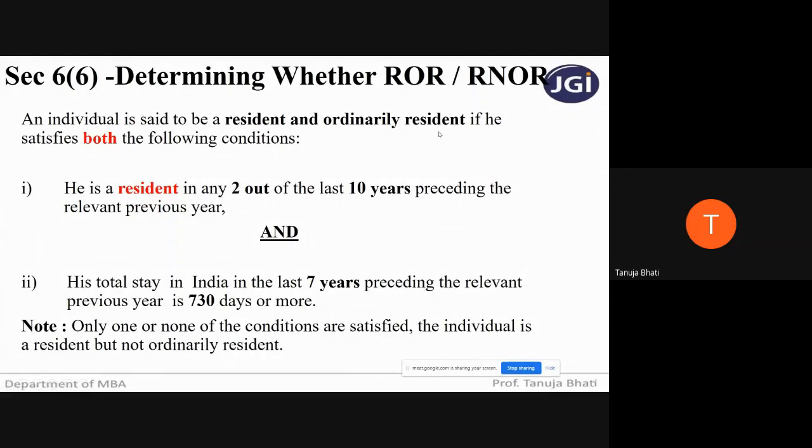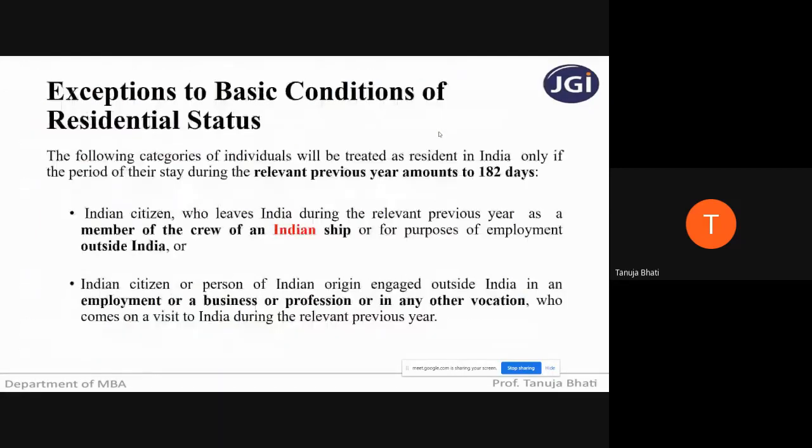This we have already seen, but this was just a revision before we begin the problems. Exceptions to basic conditions: we already know that the two basic conditions under section 6 subsection 1 clause A and clause C will not be applicable if he is a person who is leaving India for business or profession or employment, or he is a member of a crew of an Indian ship.